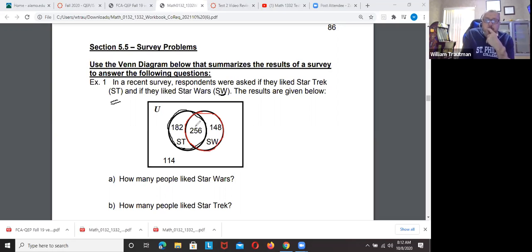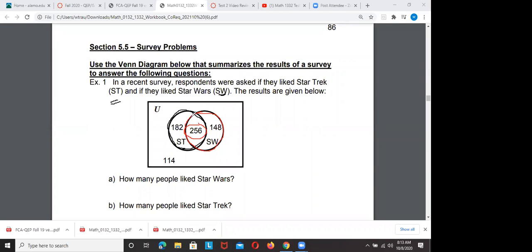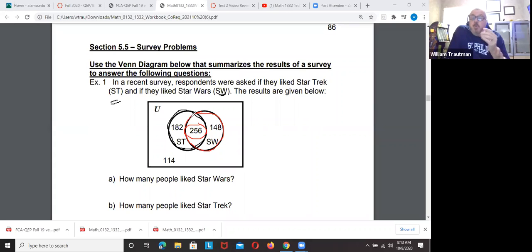Can anybody tell me what the 256 represents? Is it this combination? Yeah, it's the people who like both Star Wars and Star Trek. Do you see, 256 people like Star Trek and Star Wars?